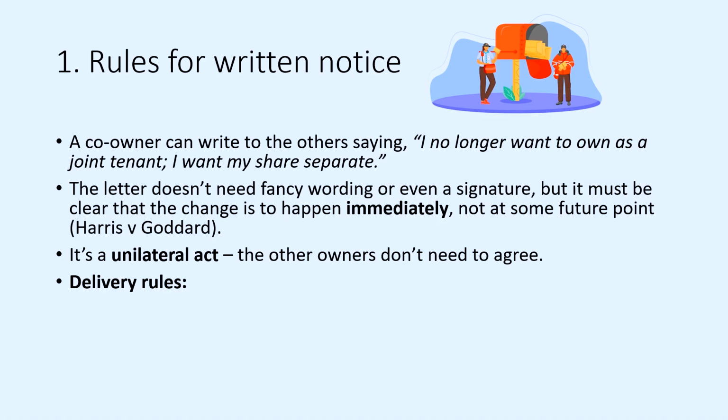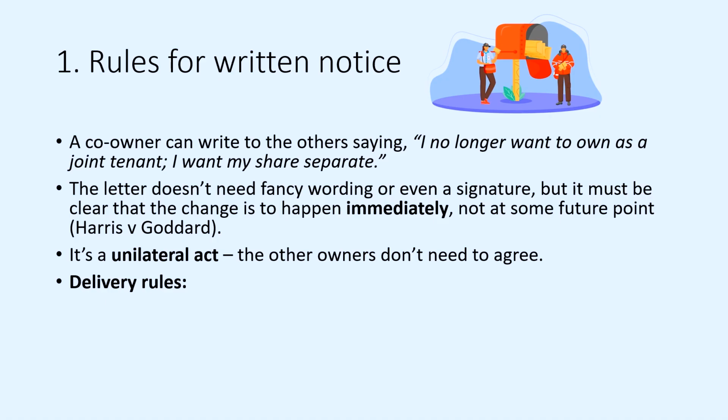So this gets a bit more detailed and complex, but it's not that difficult to understand. It's just something you need to learn because it works a bit differently to, let's say, contract law or other areas of the law.